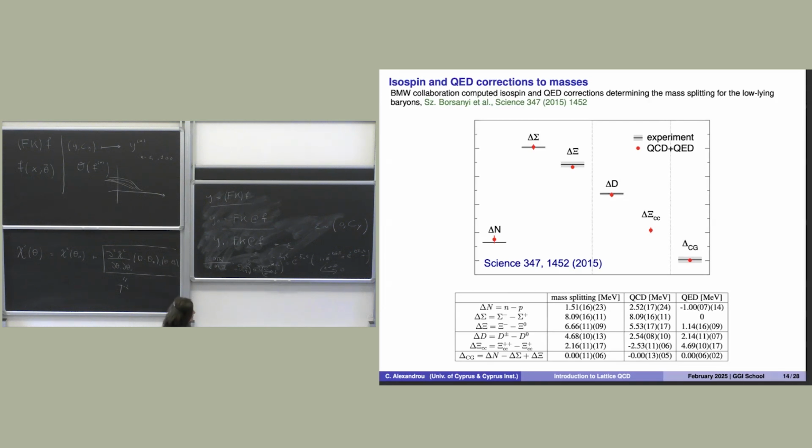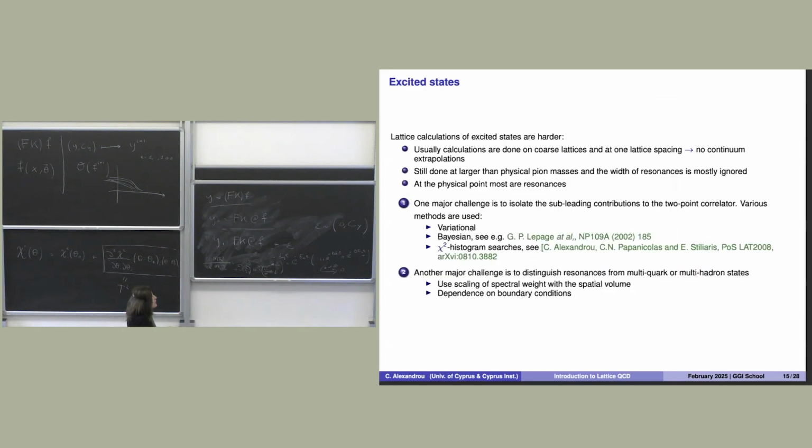So here it is, agreement with experiment, prediction. And now the interesting thing: you can tell how much comes from the difference in the mass of the u and the d, and how much is electromagnetic. And you see for the proton, they cancel. They're going in the opposite direction. So this is the kind of thing you can learn from doing such calculations. This was a Science paper calculation about 10 years ago.